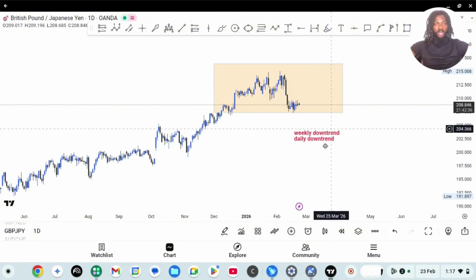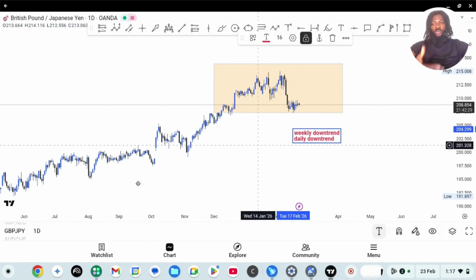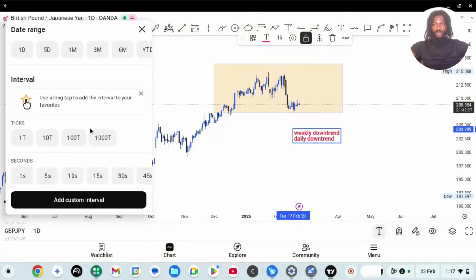Now we have established the weekly is a downtrend and also the daily is a downtrend. Now let's move to the 4 hour time frame.